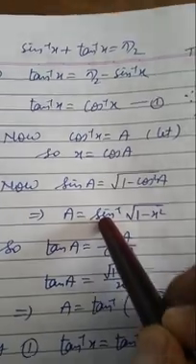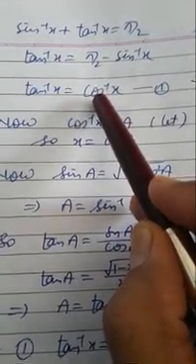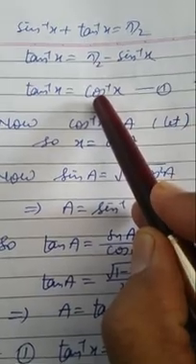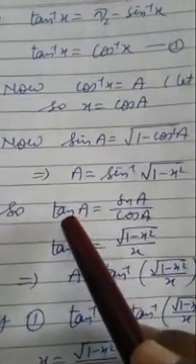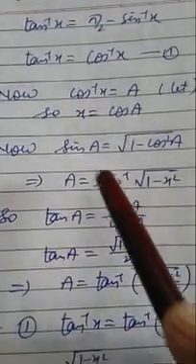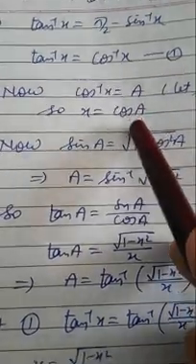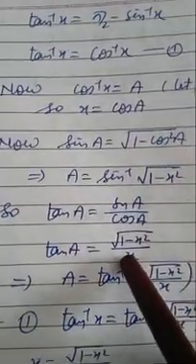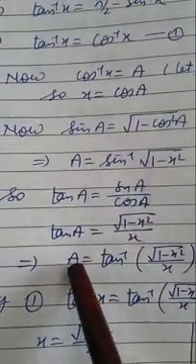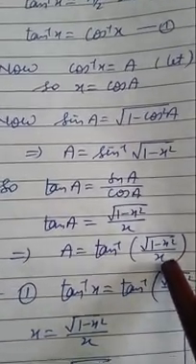But we have to change this cos inverse into the form of tan inverse. So now tan A is sin A upon cos A. Put the value of sin A, which is under root 1 minus x square, and cos A is x. So A is tan inverse of under root 1 minus x square upon x.